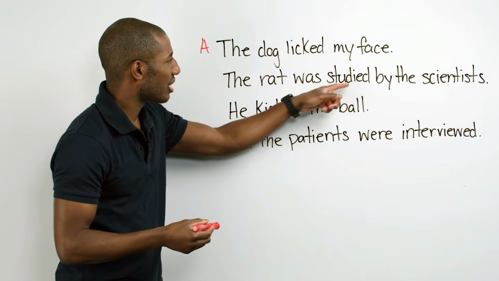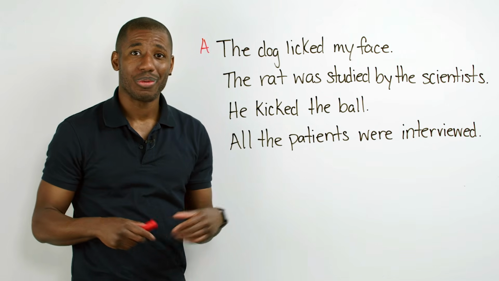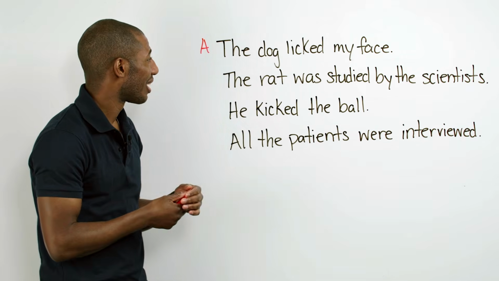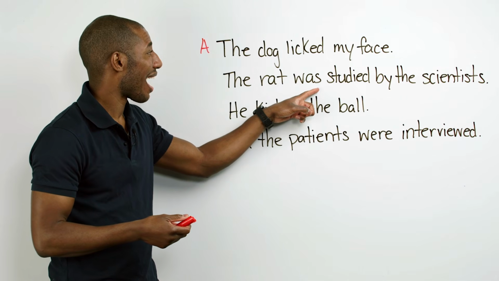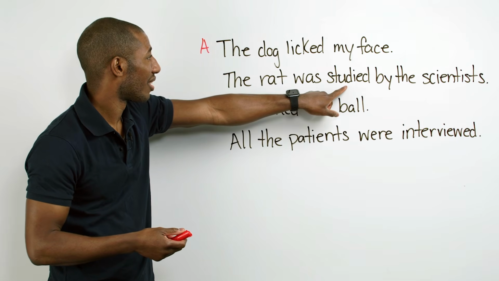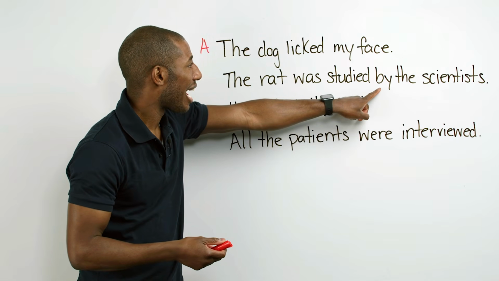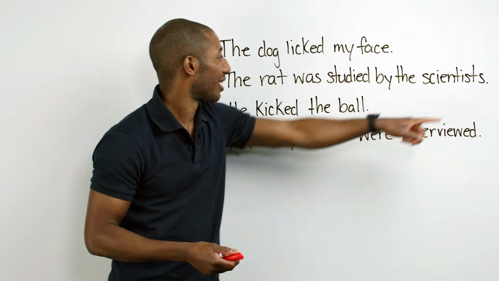The rat was studied by the scientist. Whoa, we have a lot of clues here. We can see that we have a to be verb, was, as well as, boom, we have a past participle. And by. We know that by sometimes tells us who's the doer.